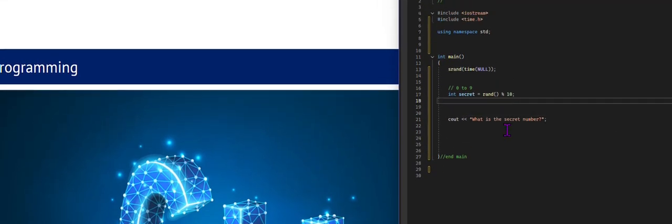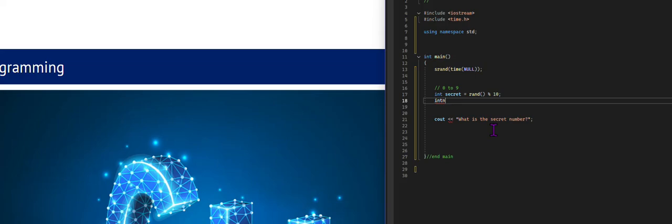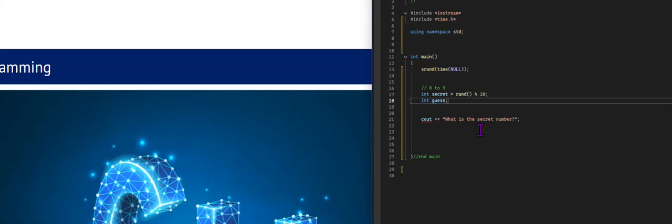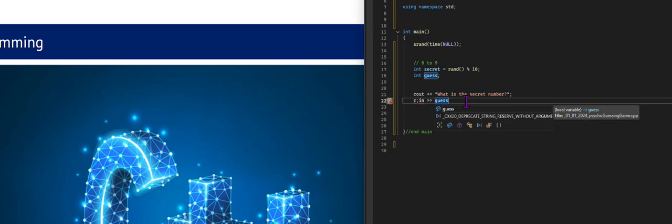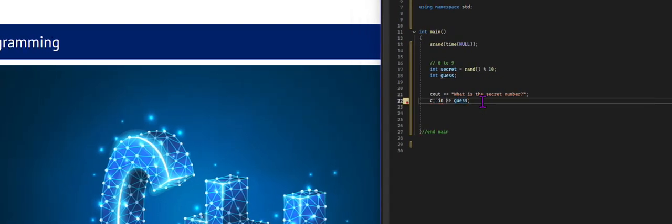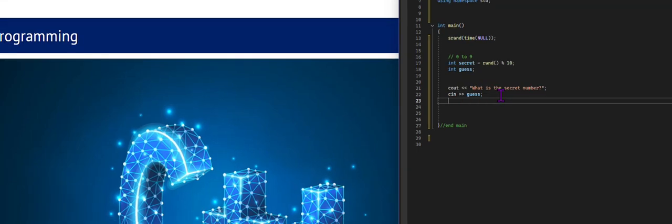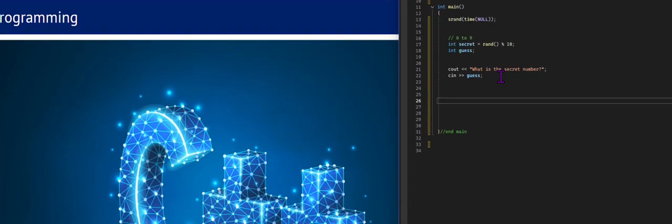I'm just going to make an int guess. There we go. Now, I've got the secret number. It's going to be 0 through 9, and then I ask whoever's playing this game to type in said secret number.